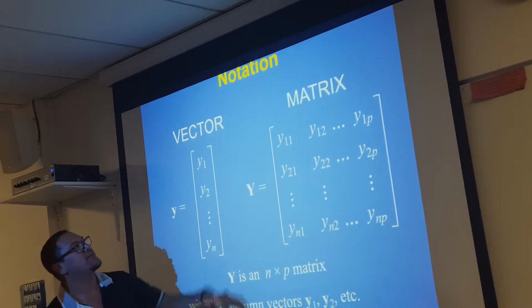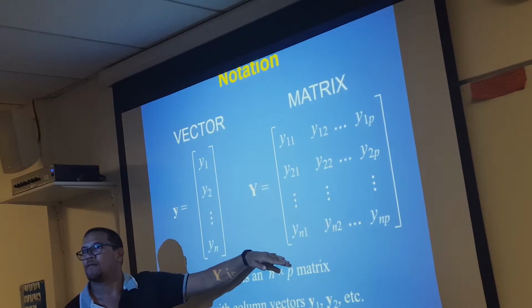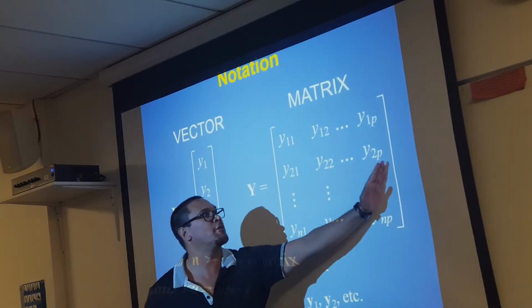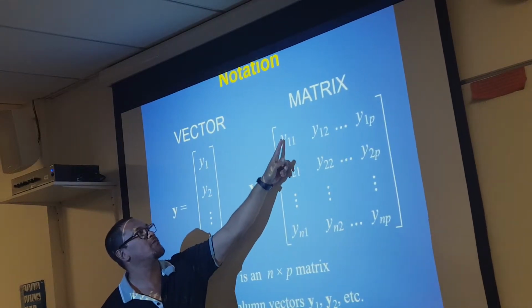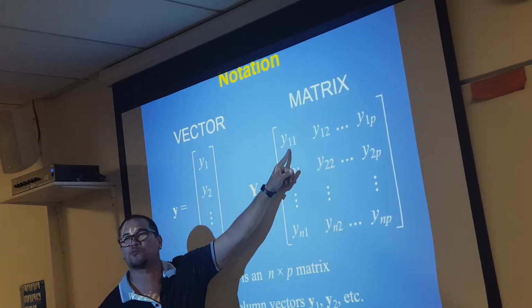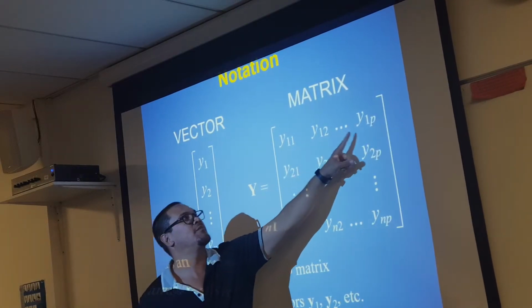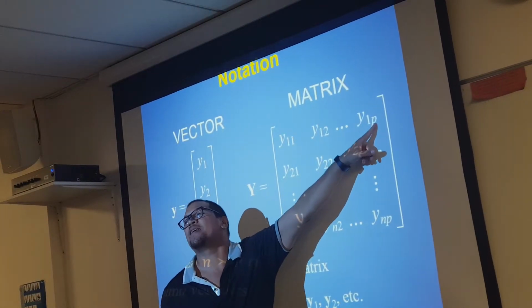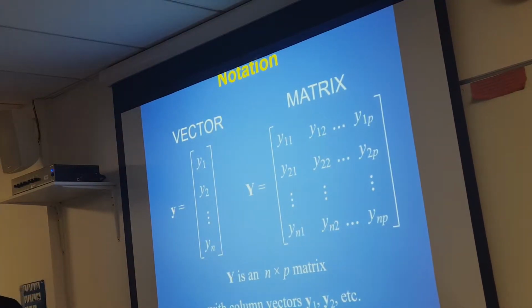It means the first thing, the n is the number of rows, right? And p is going to be the number of columns. So y11 is the element that is in the first row, first column, right? First row, second column, first row is the p, however many p is, right? So you all with me so far?